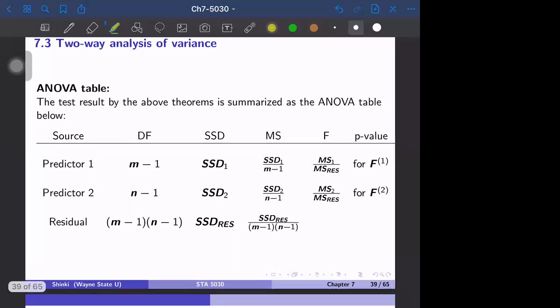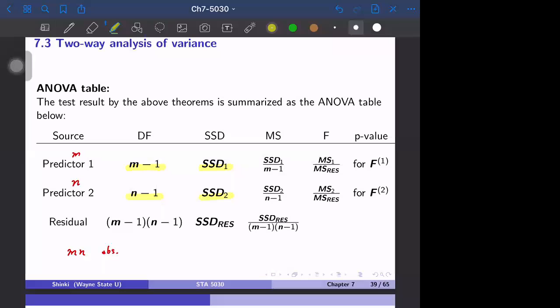And finally, we have a table to summarize all of these. At first, factor 1 has m levels and factor 2 has n levels, and in total, m times n observations. Then the degrees of freedom for predictor 1, or factor 1, is m minus 1, and for factor 2 it is n minus 1. And the sums of squares are here.